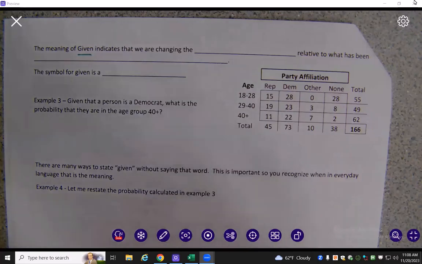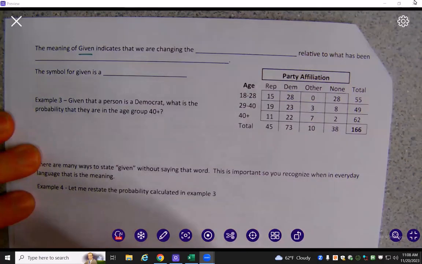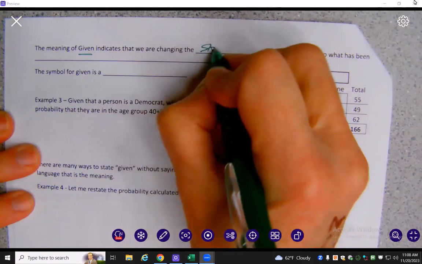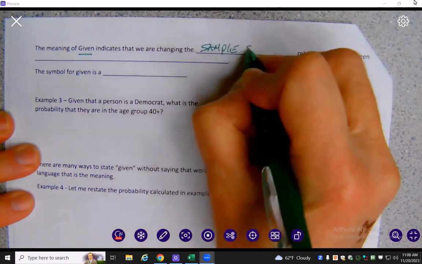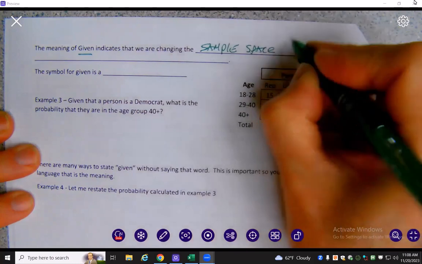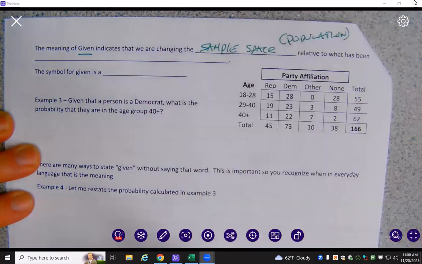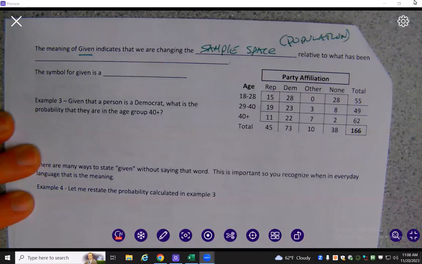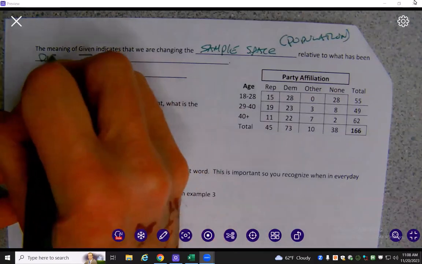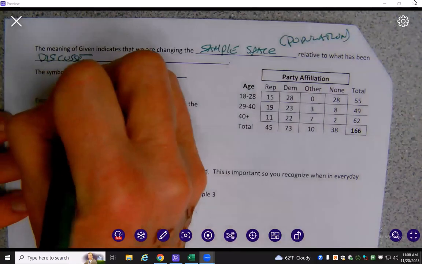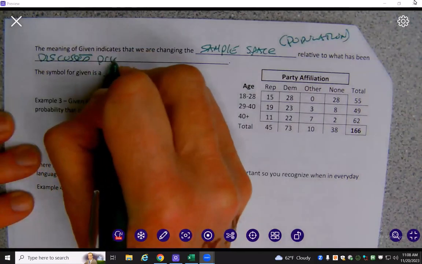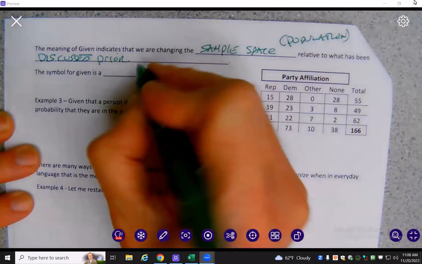So the given is a different thing. The meaning of given indicates that we're changing the sample space. And again, remember the pop-up is the population. Sample space is the population relative to what has been discussed prior to asking this question.